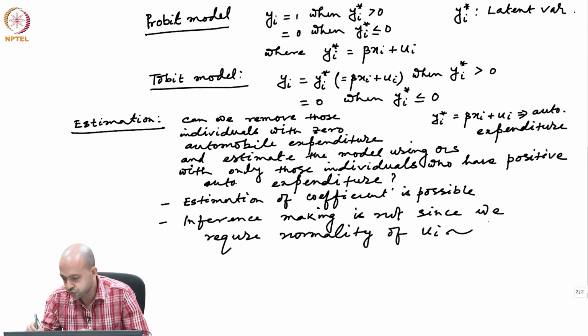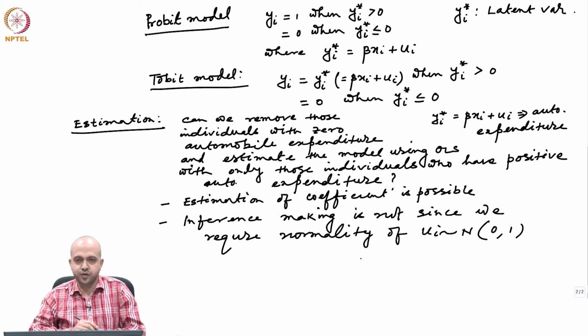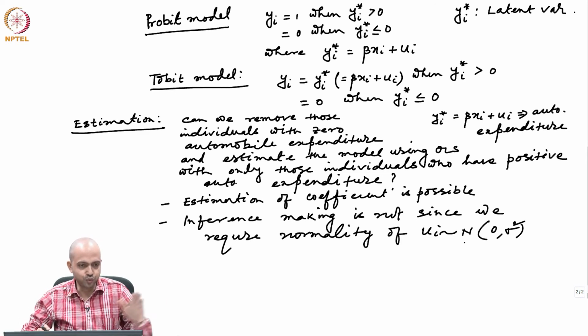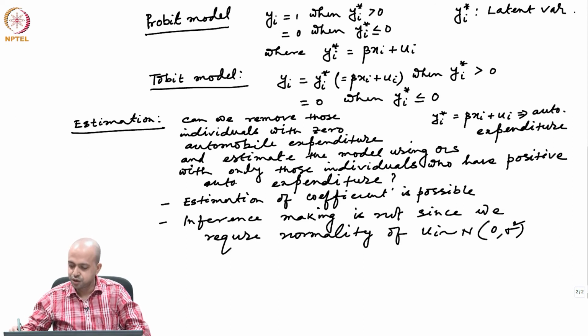That means it should follow a normal distribution with 0 mean and sigma square variance. Whether this normality assumption is valid or not, we have to check in the sample where we have removed those observations with 0 automobile expenditure.